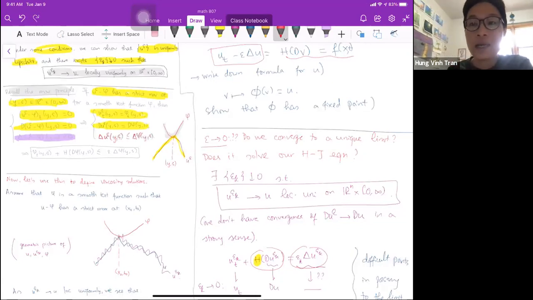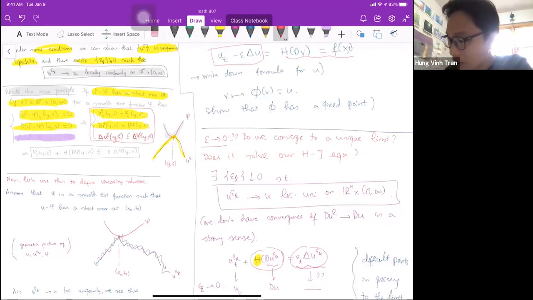Okay, so this is great. You see that this is just a very, very simple maximum principle trick, right? But what is really important is this box I'm putting here. I am successful in transferring all the derivatives of u epsilon to phi.